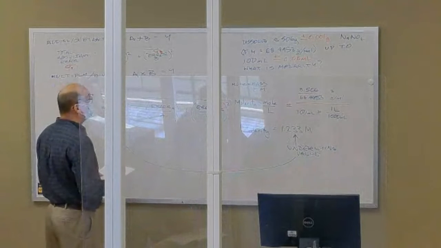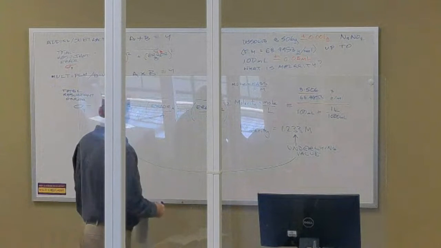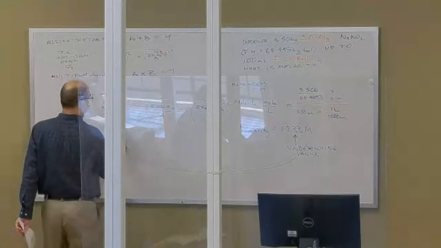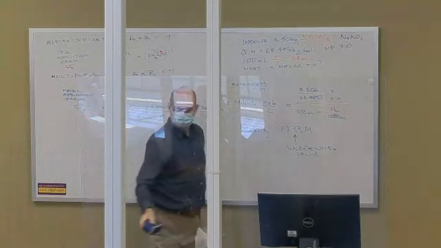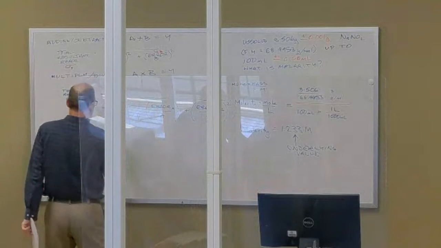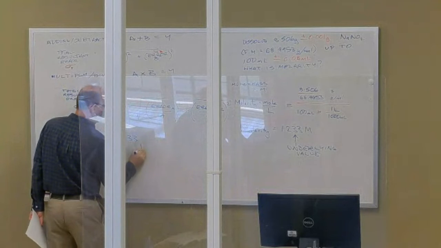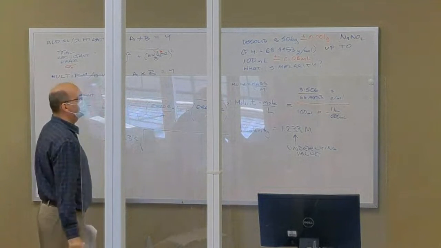So I have 2 tolerances. Let me clear the board a little bit. This is 1.233 times the root of, okay, what's my first measurement?